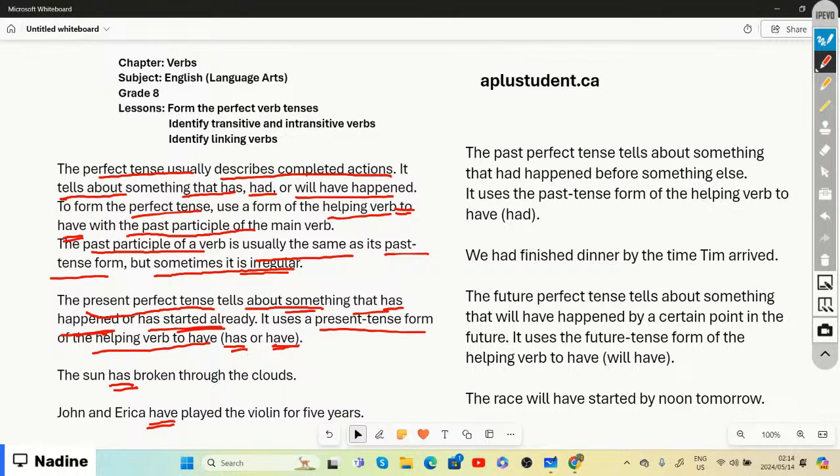And then we have the past perfect tense, right? And the past perfect tense tells about something that had happened before something else.